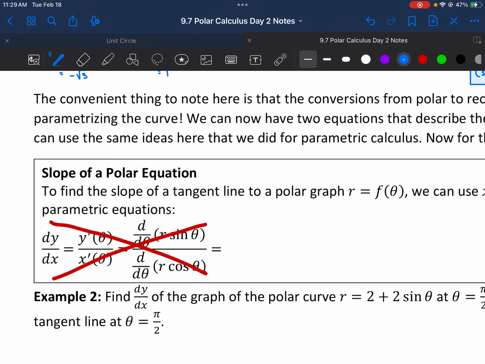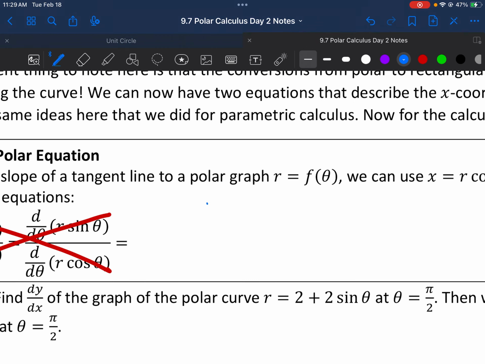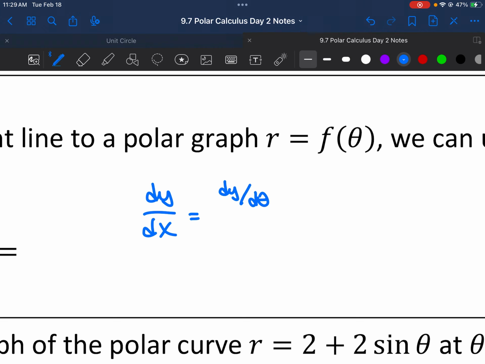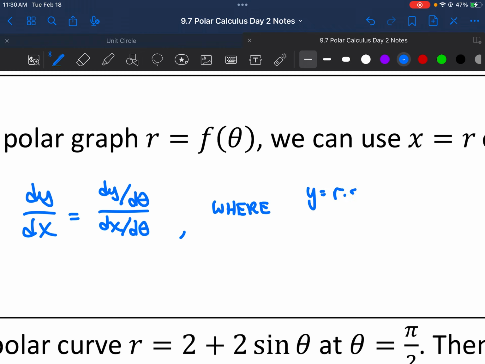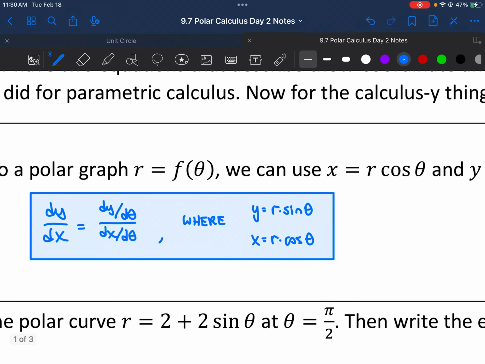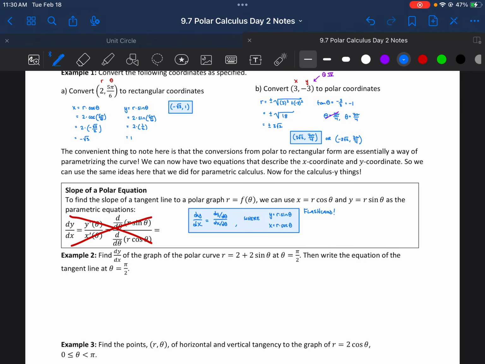If you're asked to find the derivative dy/dx, the slope of a polar curve, then just like with parametric equations, where we would have said dy/dt over dx/dt, for polar, dy/dx is going to be dy/d theta over dx/d theta, where y is r times the sine of theta, and x is r times the cosine of theta. I want this to be a flashcard.